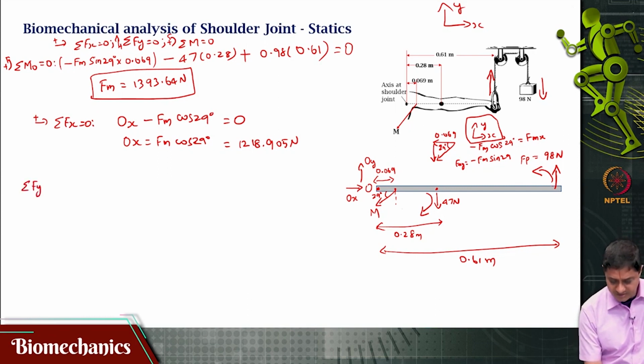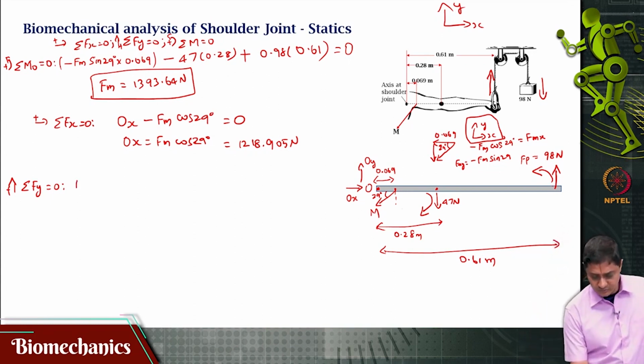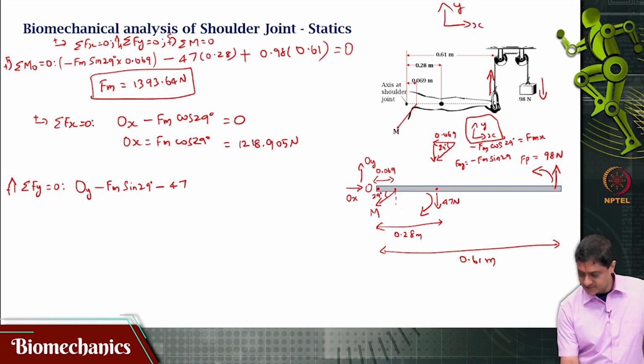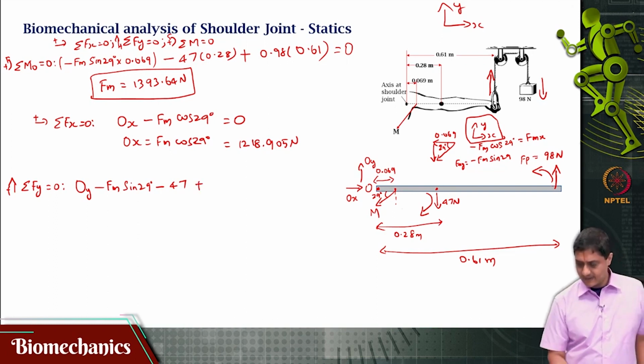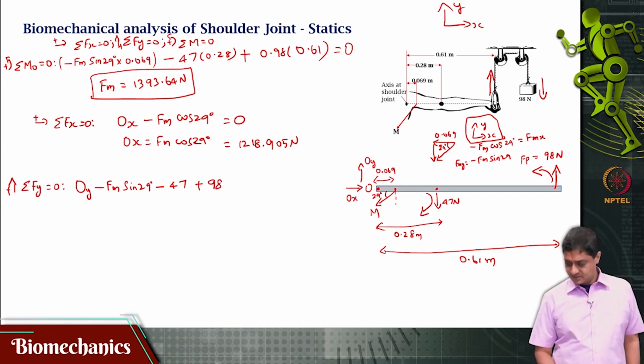And then, if I am interested in finding the reaction force Oy, I write out sigma Fy equal to 0. So, that would be Oy minus Fm sin 29 minus 47 plus 98, that is the force felt at the pulley, the whole thing is 0.